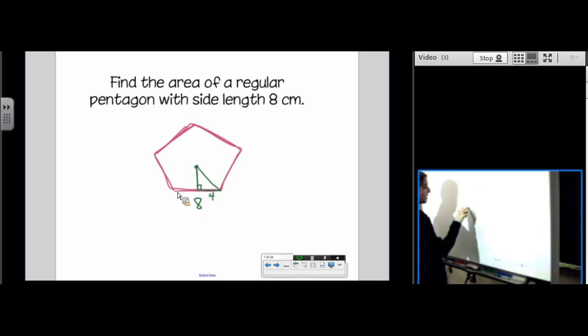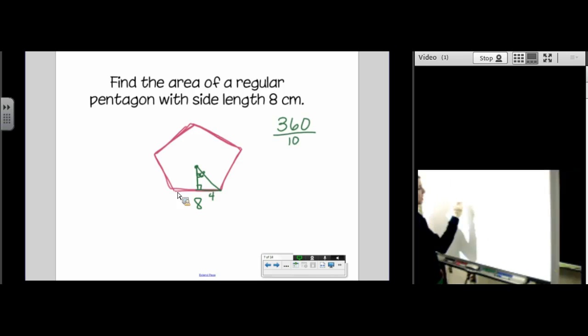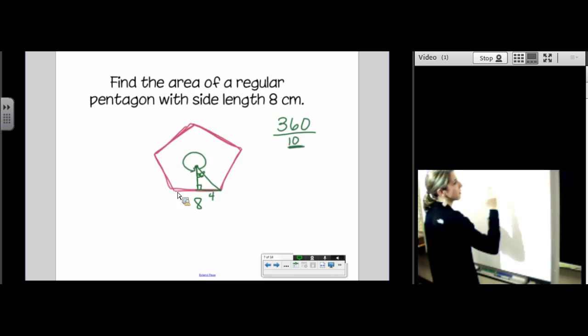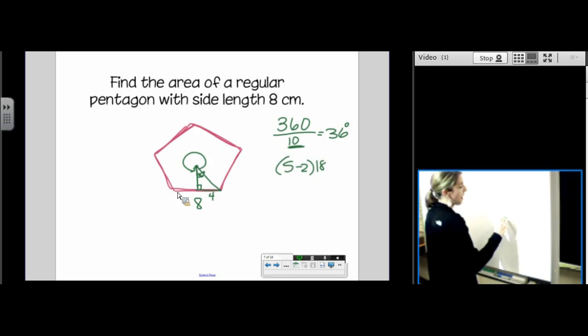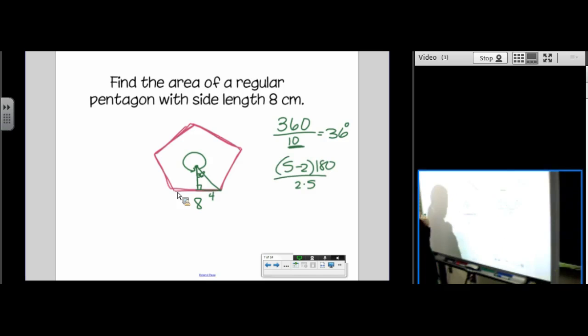This is 4. We know that this is a 36-degree angle because we did the degrees in a circle divided by double the number of sides. Because if you were to go all the way around, you would end up drawing 10 triangles. So that angle is a 36-degree angle. If you want to do n minus 2 times 180 divided by double the number of sides, you can do that as well, since that angle got bisected.